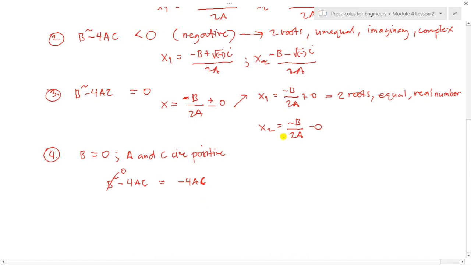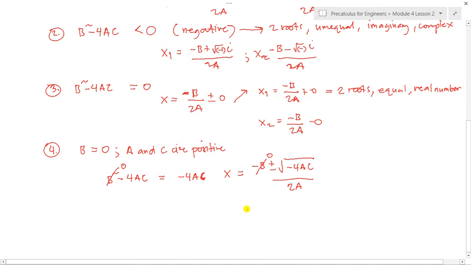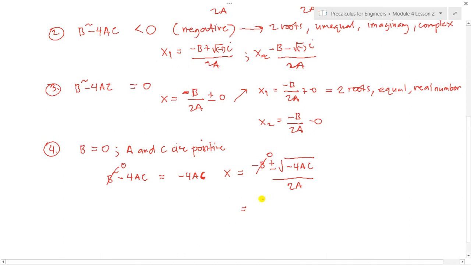So our new quadratic formula for this case, x is equals to negative b plus or minus square root of dito is negative 4ac na, kasi diba wala na si b, or dito rin walang b dito, that is 0, all over 2a, kasi si a positive. So therefore here we have plus or minus square root of 4ac i all over 2a.